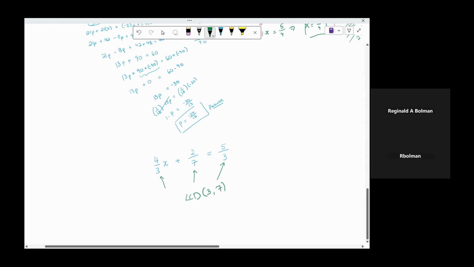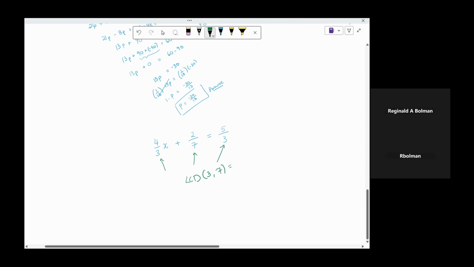Note that the LCD of 3 and 7 is the same thing as the LCM, least common multiple. Because those numbers are both prime, you just take 3 times 7 and you get 21.